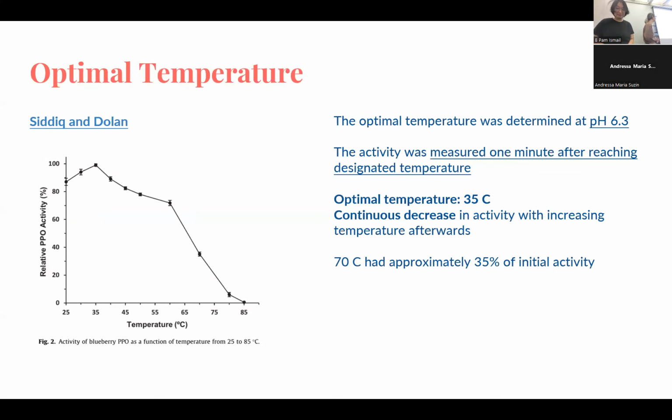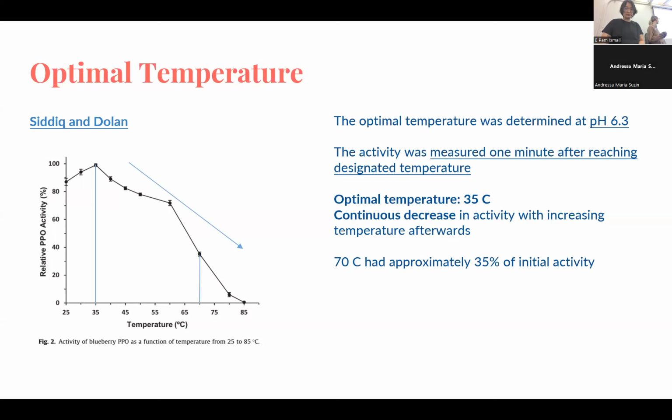So for the optimal temperature, Siddiq and Dalan determined it at pH 6.3, and it was measured after 1 minute. So they didn't hold it at that temperature, they got to that temperature and then determined activity. Their optimal was at 35 degrees Celsius, and then they saw a continuous decrease in activity with increasing temperatures afterward.